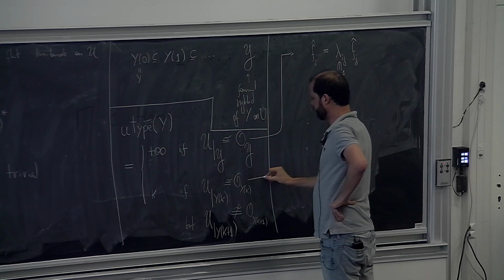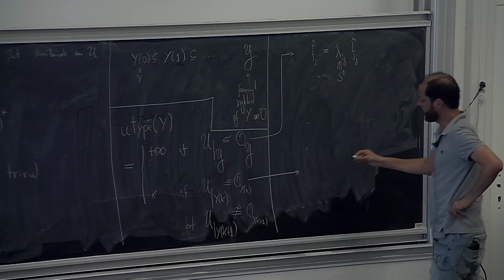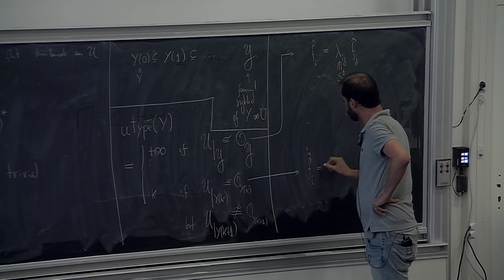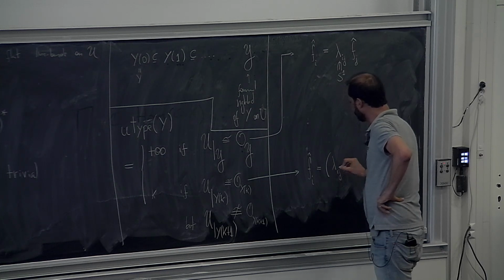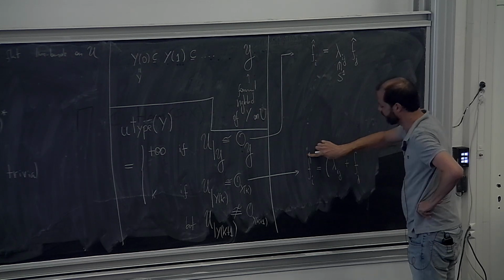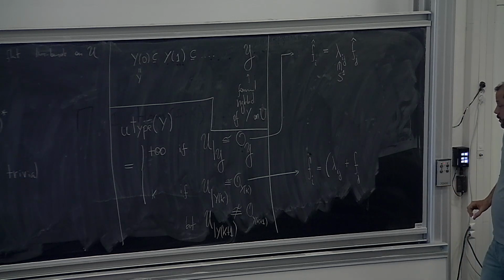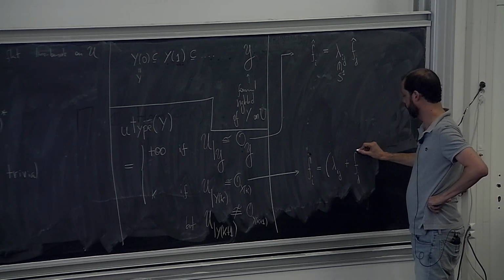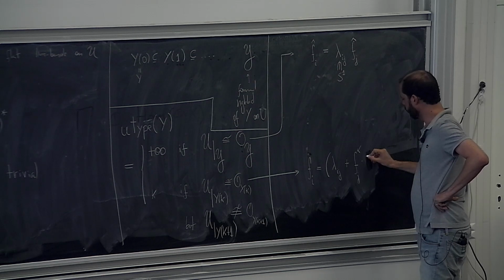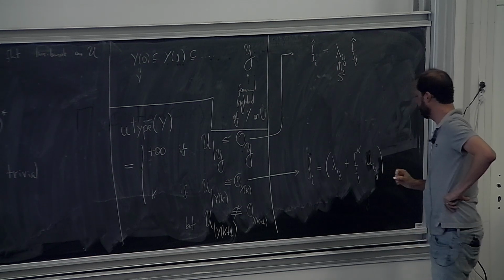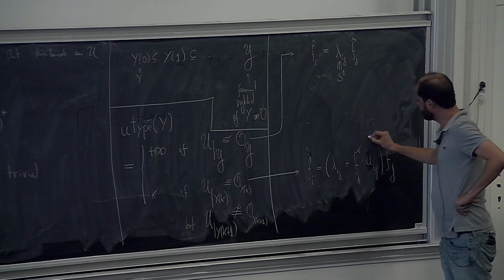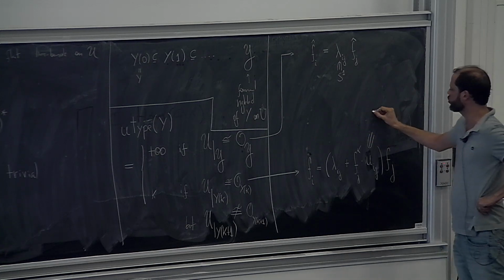And this condition is equivalent to saying that fi hat is equal to lambda ij fj plus fj to the power k, a, or let's say u ij fj, where this guy I will now give a cohomological meaning.